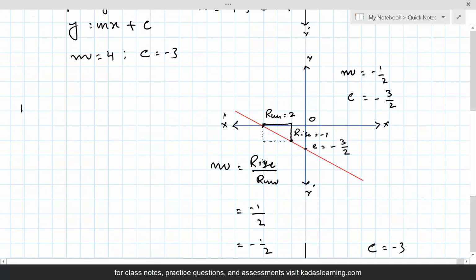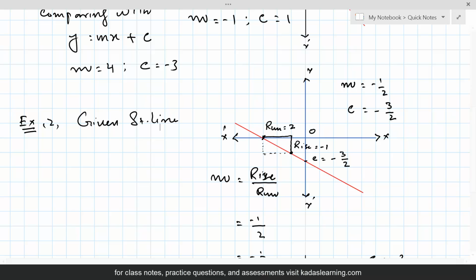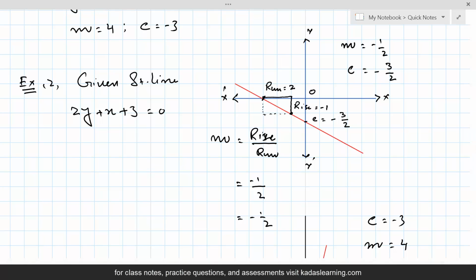For example 2, the second equation of straight line, given straight line is 2y plus x plus 3 equal to 0. This is not in slope-intercept form. In order to bring it into slope-intercept form, we are going to isolate y on left-hand side and will move everything else to the right side.